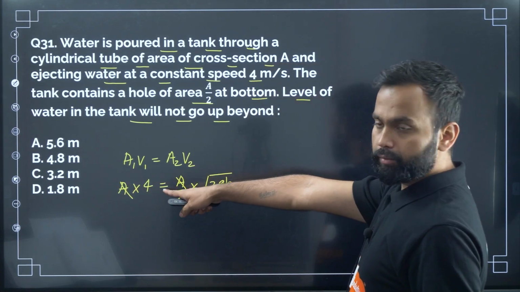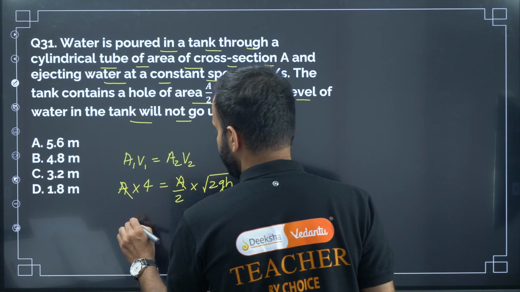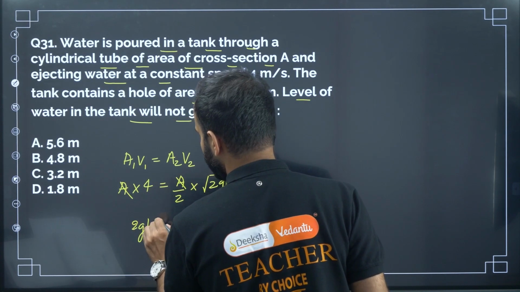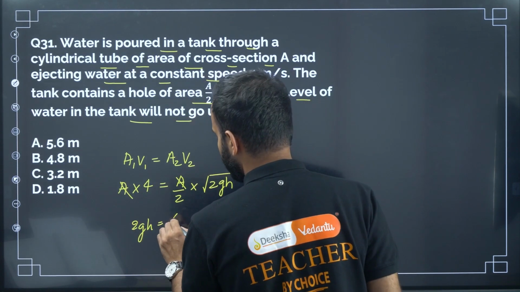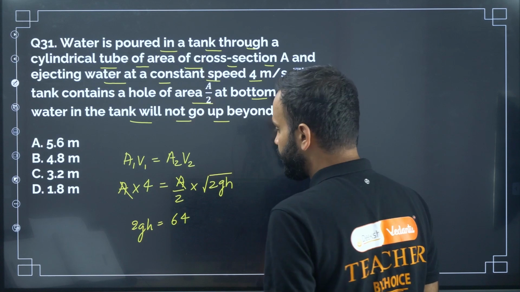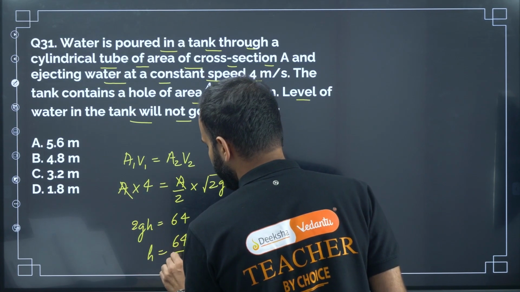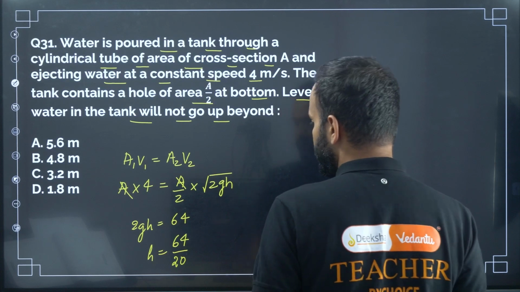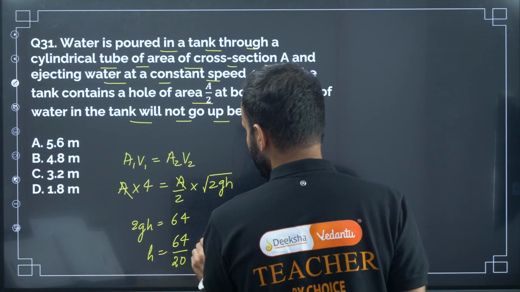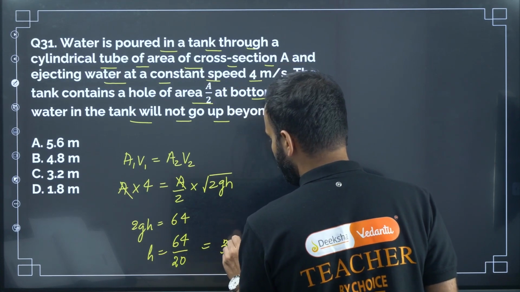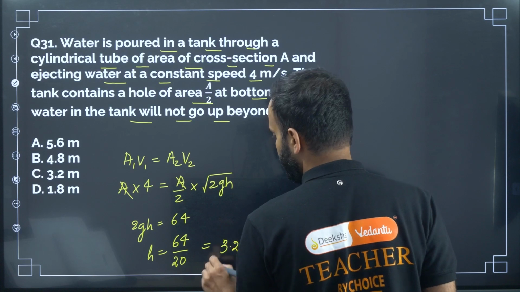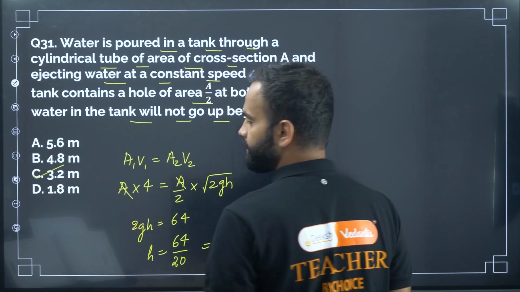So 2 into 4 is 8, so 2gh is equal to 8 square, that is 64. So h equal to 64 divided by 20. Solve this, you will get 3.2 meter. So the correct option is C.